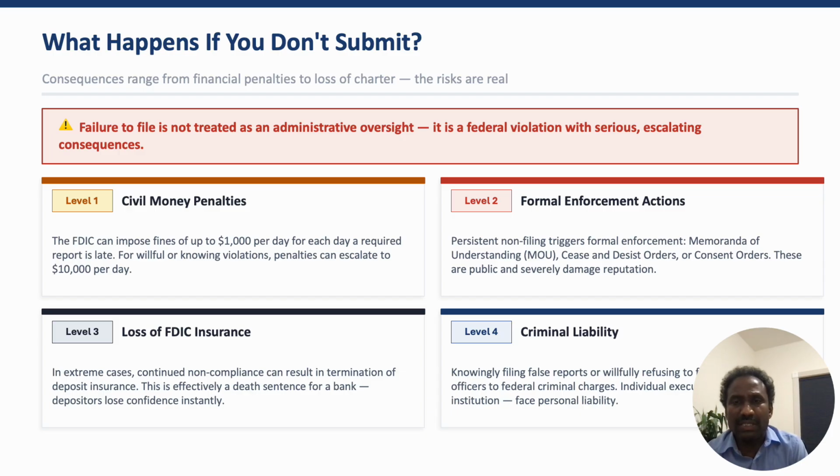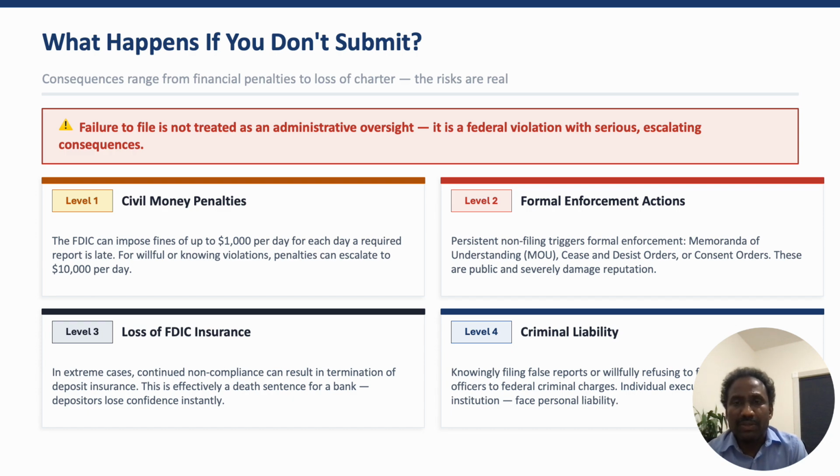That's the reason banks are very, very particular about these regulatory reports. Not only FDIC, but also CCAR and Basel, and non-financial regulatory reports also. They definitely follow certain guidelines and do it on time, to avoid these kinds of things.